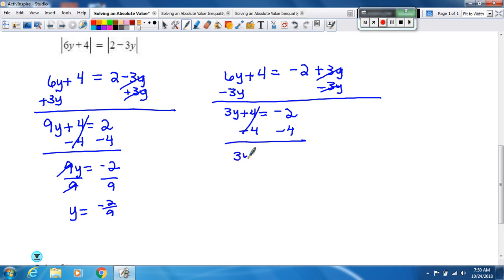So 3y equals negative 6. Divide both sides by 3. Top cancels with bottom. y equals negative 6 divided by 3, which is negative 2. So my two answers are y equals negative 2/9 and y equals negative 2.